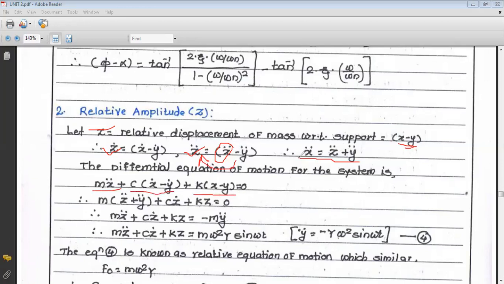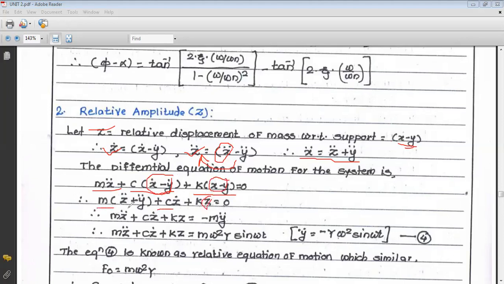Now put the value of x double dot, that is z double dot plus y double dot. So m into z double dot plus y double dot, plus c times x dot minus y dot, which is z dot, so c z dot, plus k times x minus y, which is z, so kz equals 0.